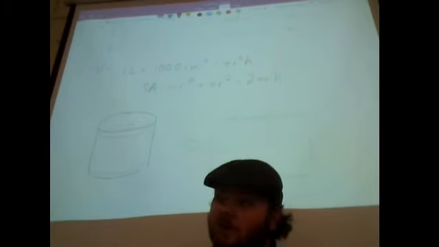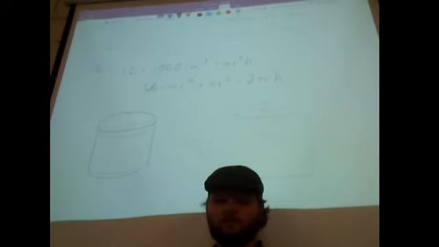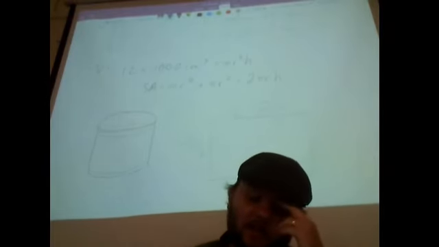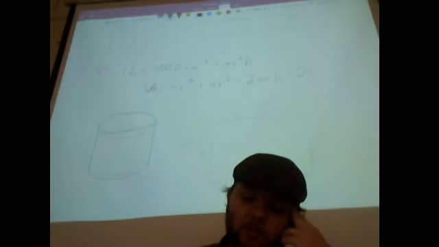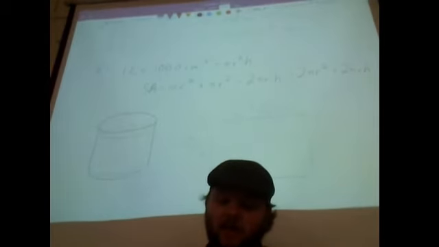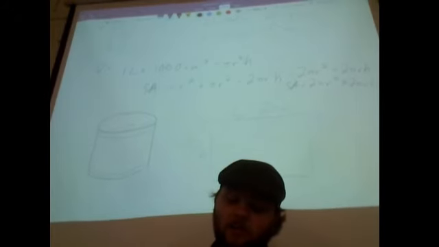And it's a rectangle. The length is h, and then I have circumference around the circle. So surface area can instead be written as 2 pi r squared plus 2 pi rh. And that is what I am trying to minimize.